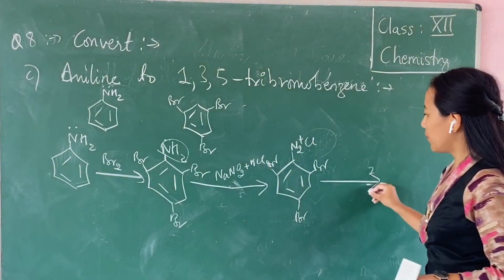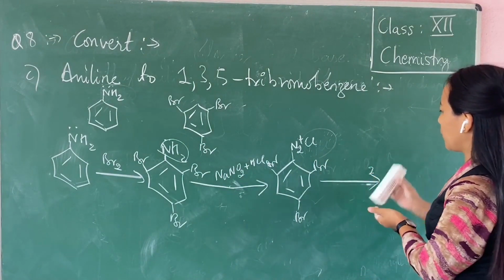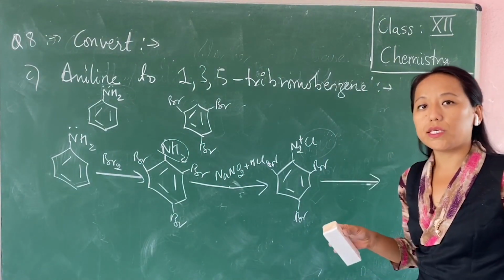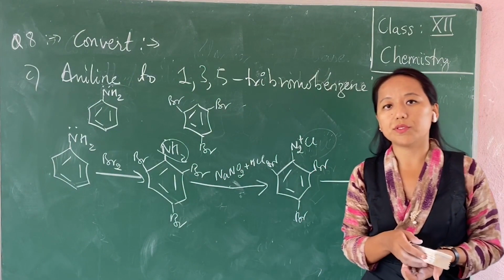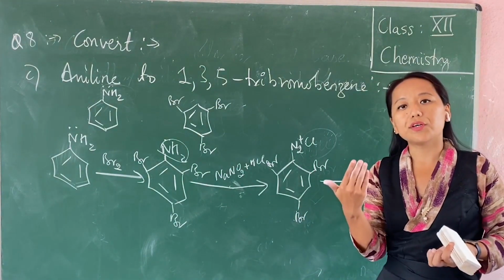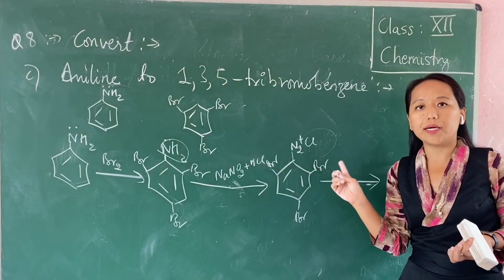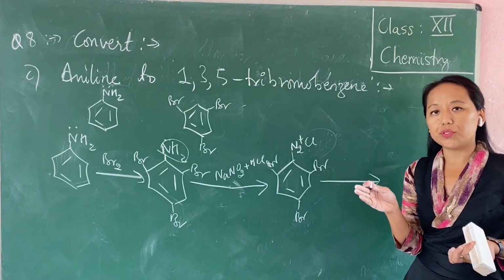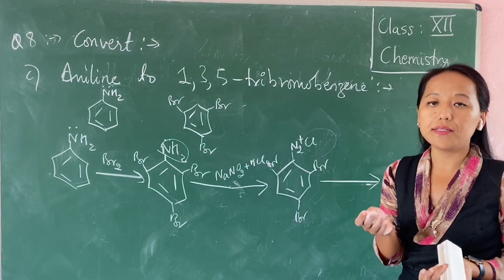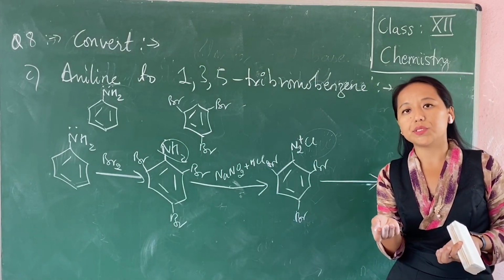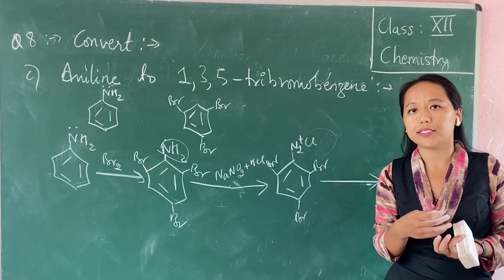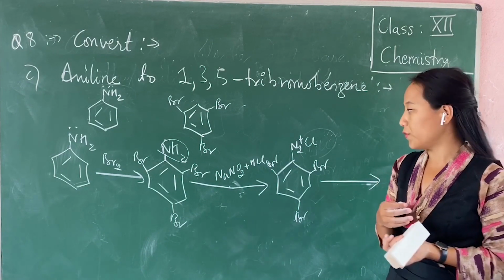Now once you have got diazonium salt, you can think about other chemical properties of diazonium salt. There is replacement of N2 by hydrogen atom. So in order to replace N2 by hydrogen, you have to use a reducing agent. So you can use either hypophosphorus acid as the reducing agent, or you can use ethanol as the reducing agent, which we have already done.